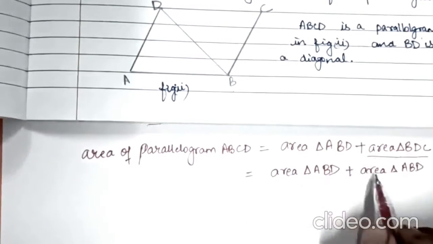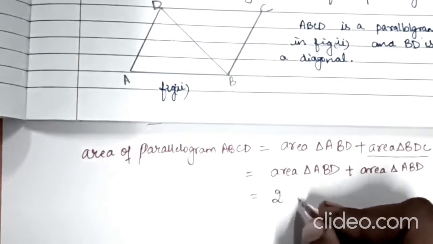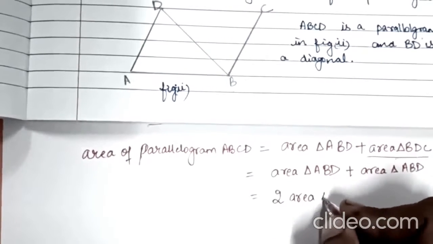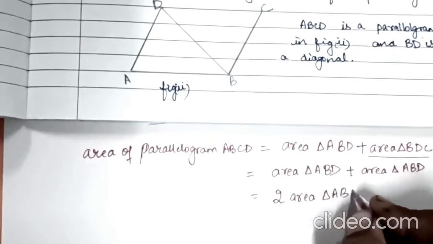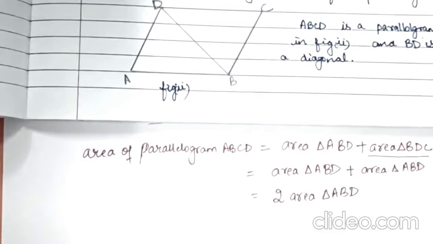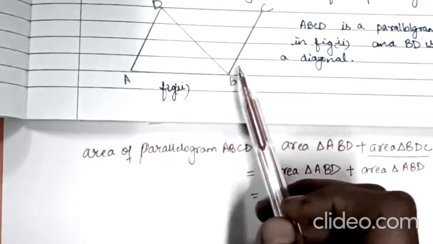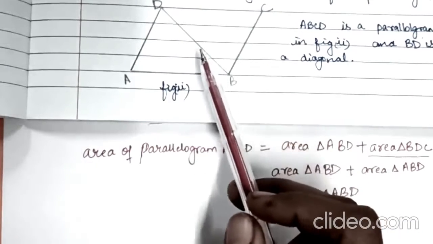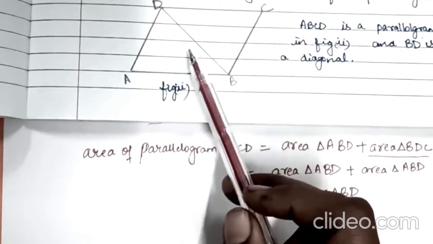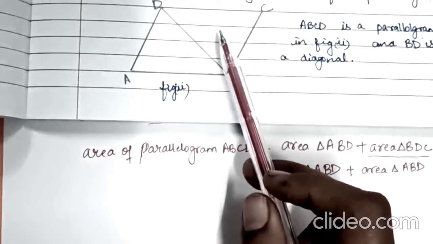How many times? We get 2 times area of triangle ABD. So the area of this parallelogram is 2 times the area of one of the triangles.